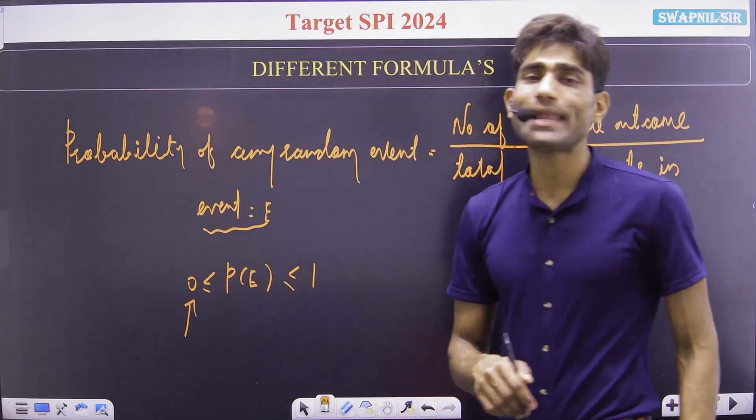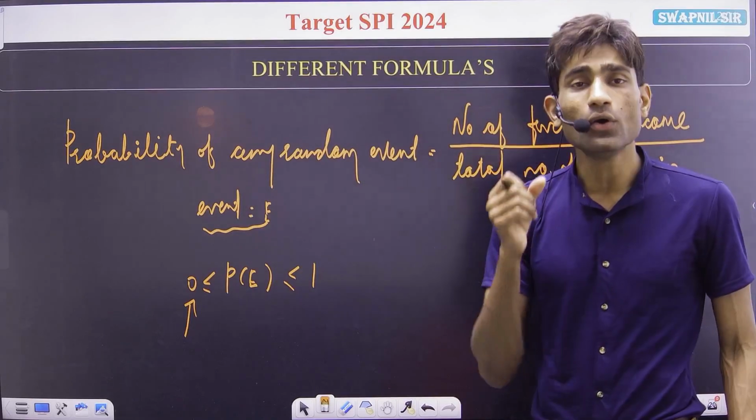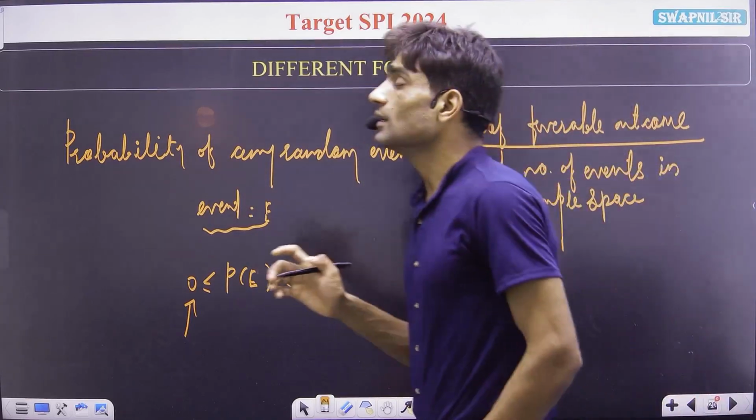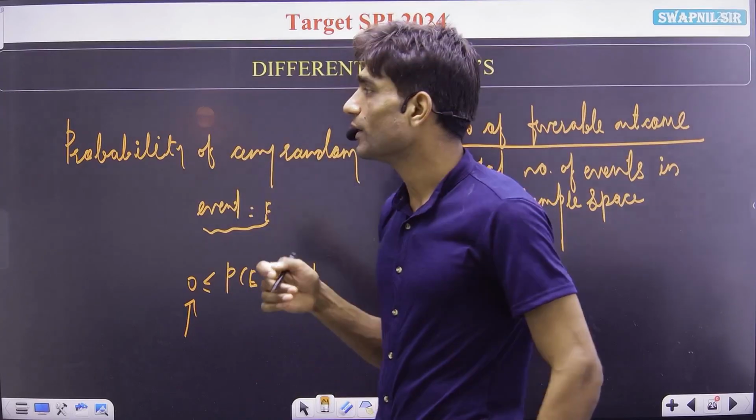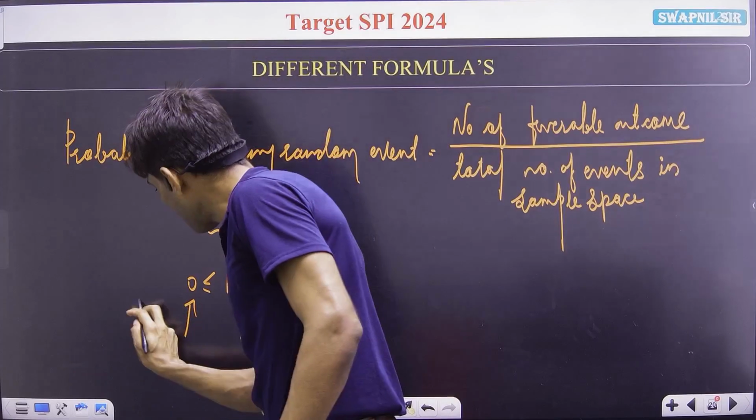Now at the lowest value 0, that means the probability of the event is 0, we consider it as a failure of probability, or unsuccessful probability.